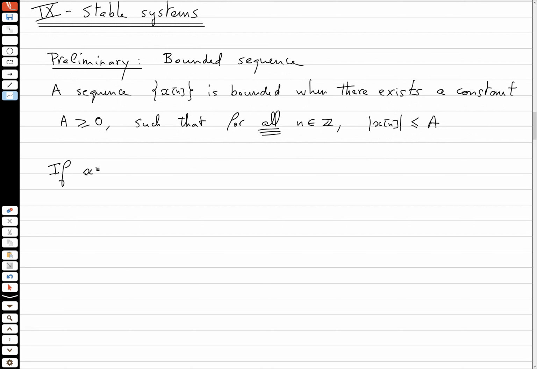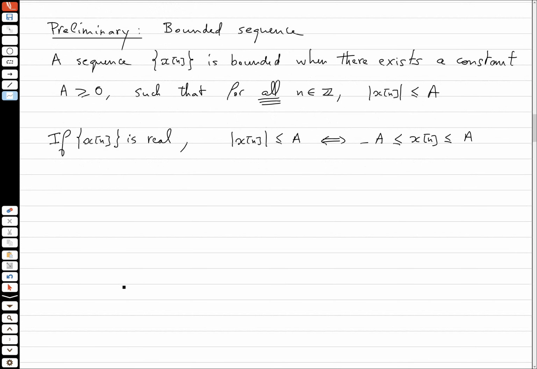Now, if x of n is real, then you know that x of n less than A means the same thing as x of n between A and minus A. So the fact that it's bounded is something that you can visualize.